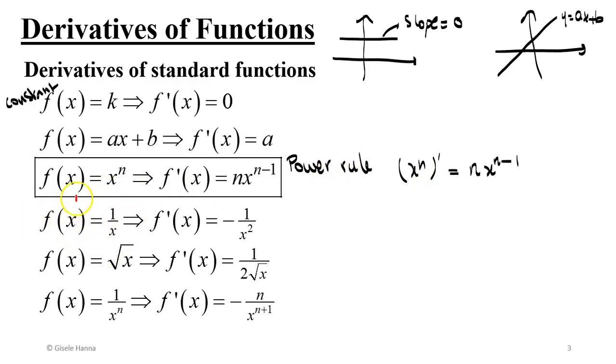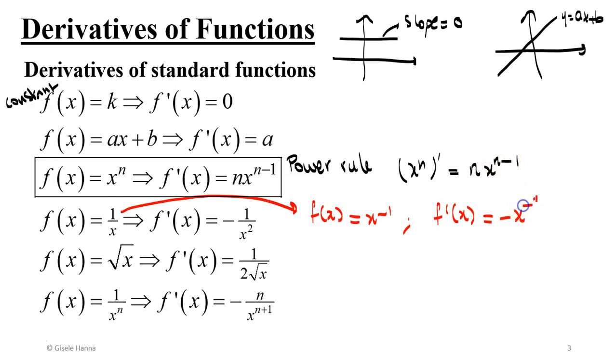However, if I move to the term in the form f of x equals 1 over x. Now, in order to justify this derivative, all you have to do is just use the power rule. 1 over x can be written as x to the negative 1. So f prime of x, using the power rule for n equals negative 1, drop the exponent, then subtract 1 from the exponent.